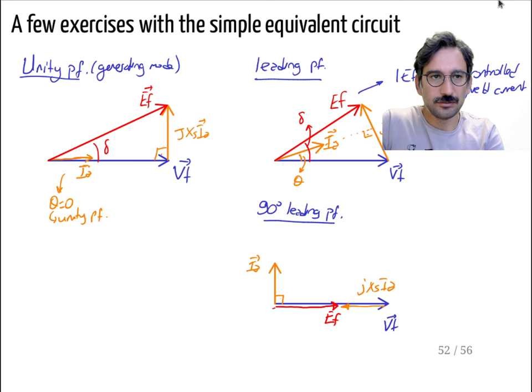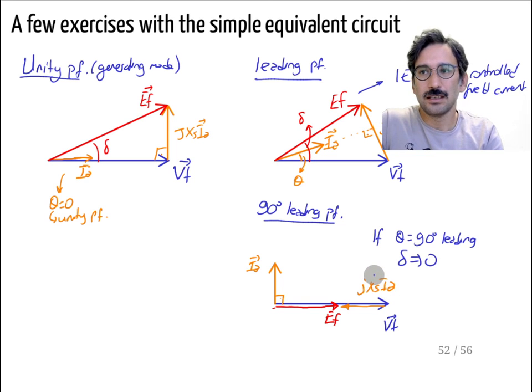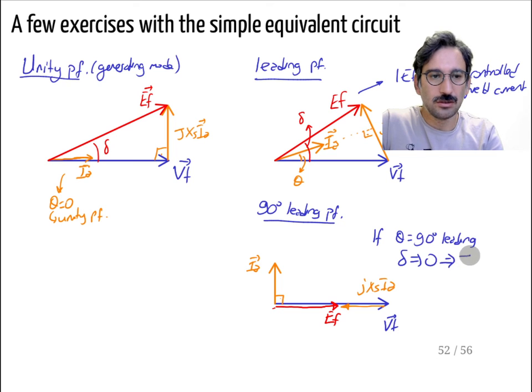So if theta is 90 degrees leading, then load angle is 0. If load angle is 0, that means torque is equal to 0.